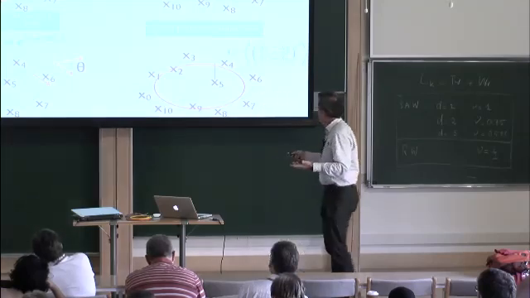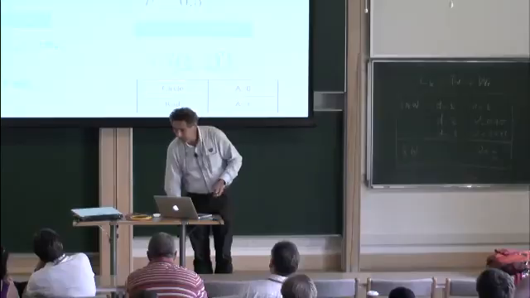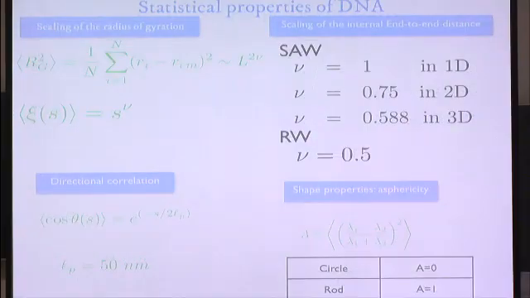Also, since it is a single molecule experiment, we can fit every molecule to an ellipse, and then we can calculate the shape parameters and get out the average shape of the molecule. The predictions, I already mentioned them: the radius of gyration or the end-to-end distance scale with a power law with the length of the molecule, and the exponents are here.